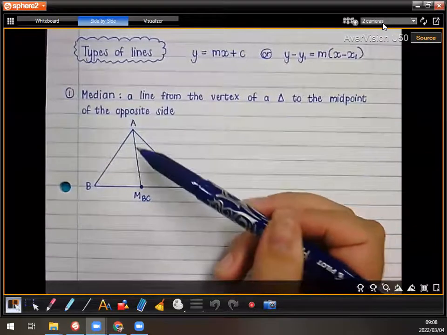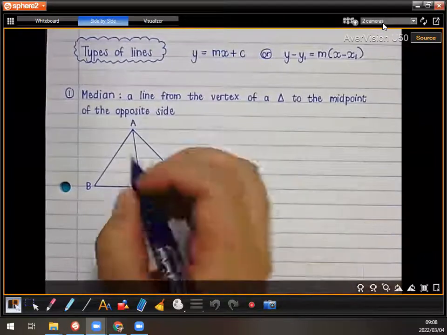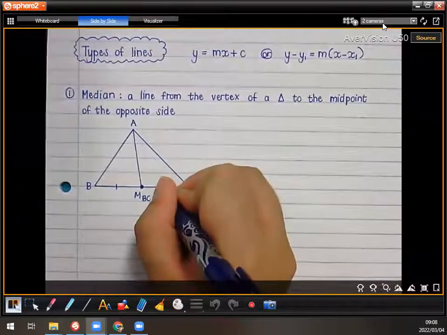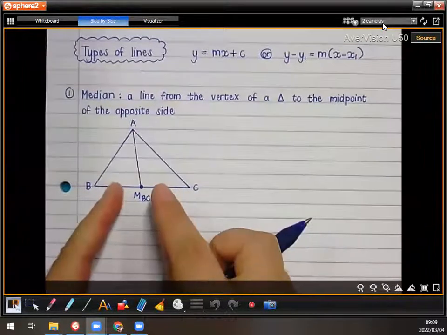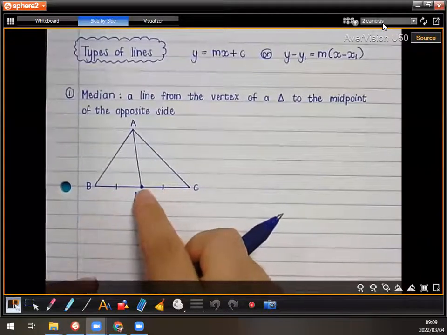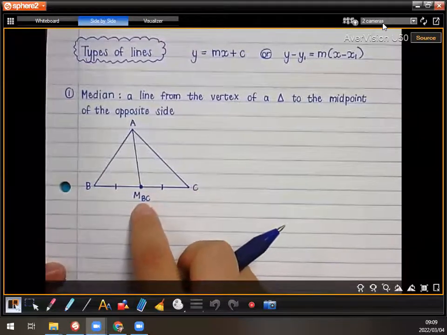So it's going to have to go to the midpoint of the opposite side. Right, on this line BC, let's just put one line there and then one line on that other side. That is just indicating that those two parts are equal. All right, so if these two parts are equal, that means that this point is cutting it in half. All right, so this is the midpoint of BC.